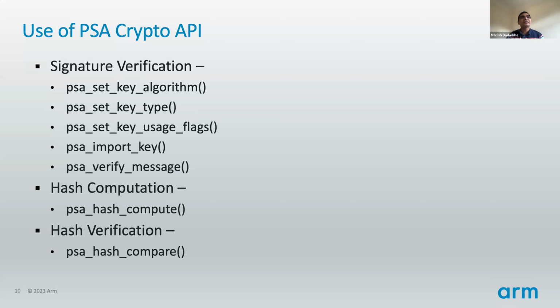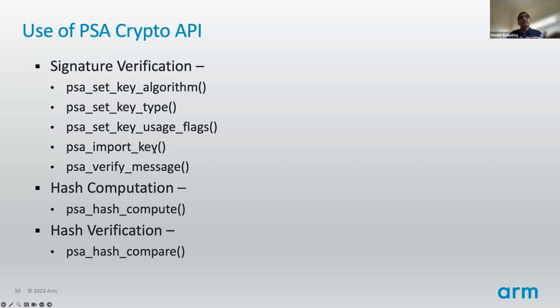Then what exactly the key type is, and what the different usage flags are, like whether it is persistent or where exactly that key gets stored. All those operations will be done through this one. And then we call PSA import key to get the key ID. I will go through the details of all these algorithm types and usage flags in the next slide, so it will be clear.